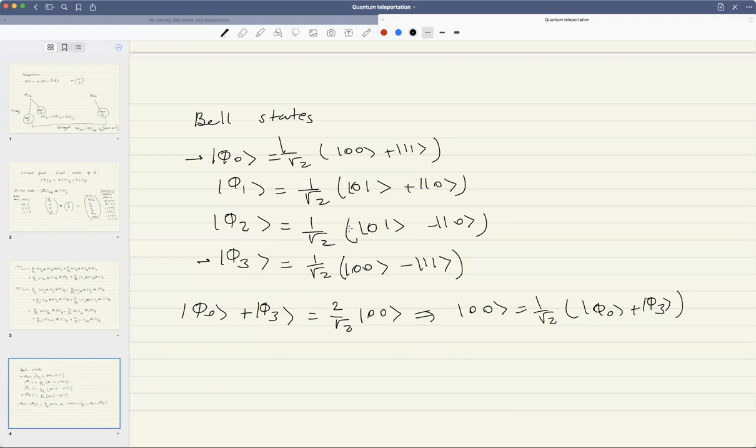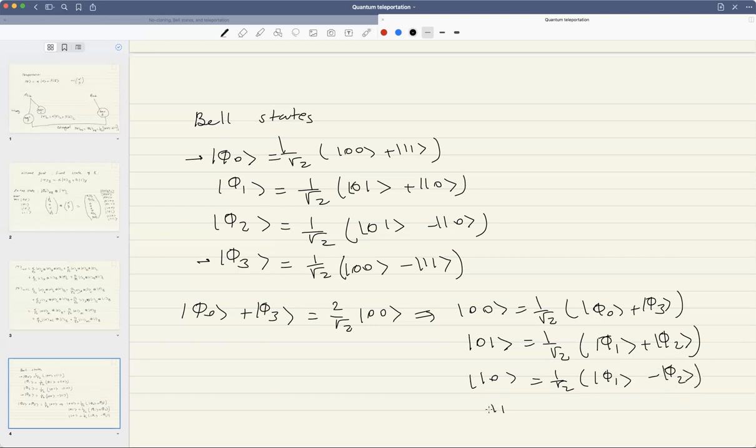Now if I want the 0, 1 state, I play the same game with 1 and 2. I add them up. So 0, 1 is 1 over square root 2 phi 1 plus phi 2. If I want the next one, the 1, 0, I now subtract this phi 2. So 1, 0 is going to be 1 over square root 2, phi 1 minus phi 2.